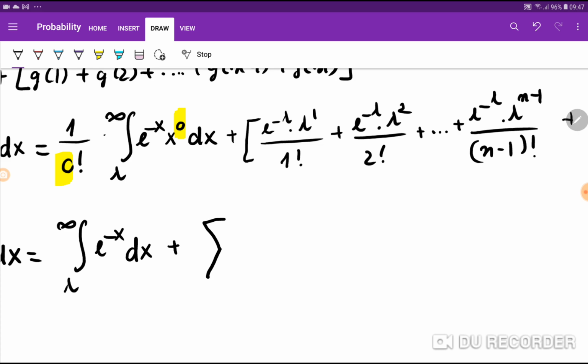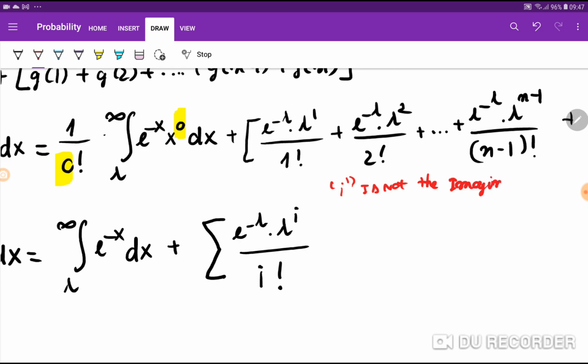It is a summation of e to the power negative lambda times lambda^i, where i is not a complex number in this case, guys. It's not the imaginary i. i is a real number.